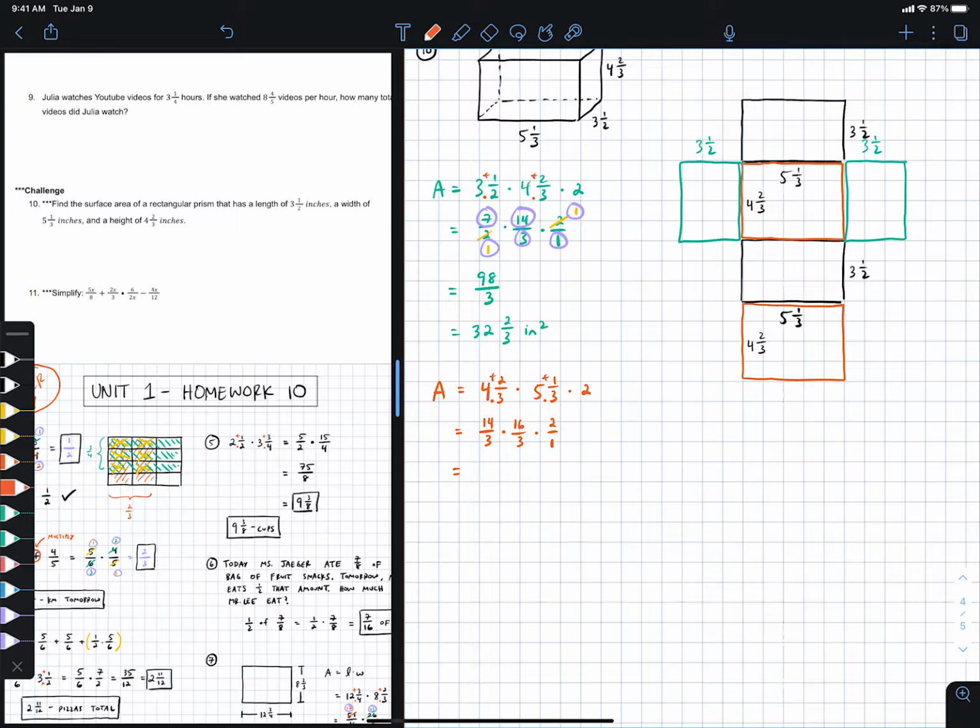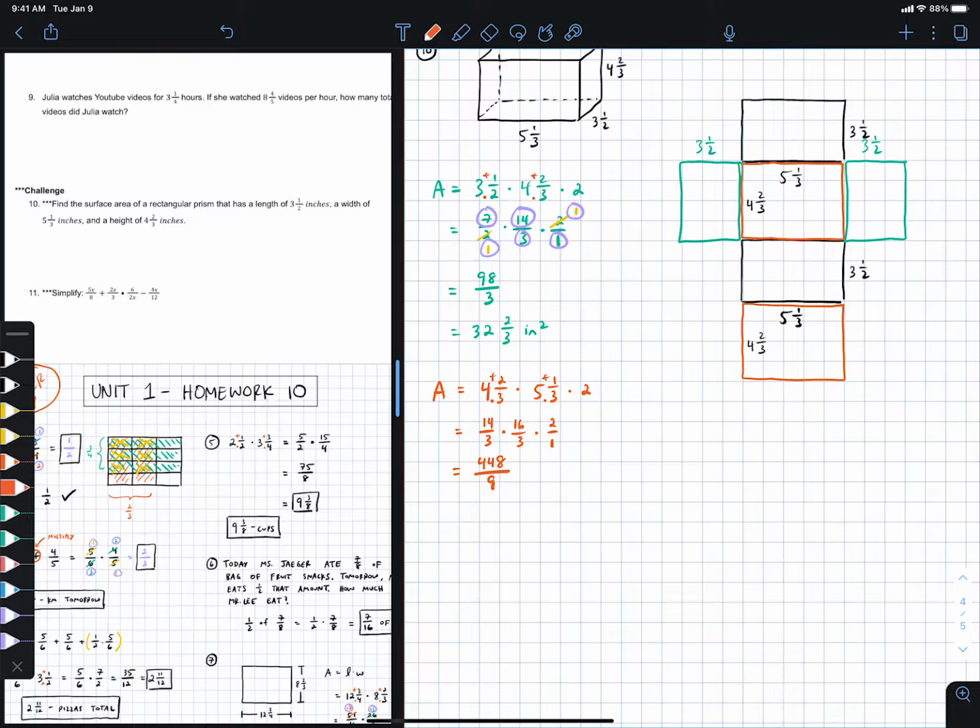I don't think anything can cross cancel, sorry. 14 times 16 times 2. I think that's 224 times 2, 448. So it's going to be 448, and on the bottom that should be 9.